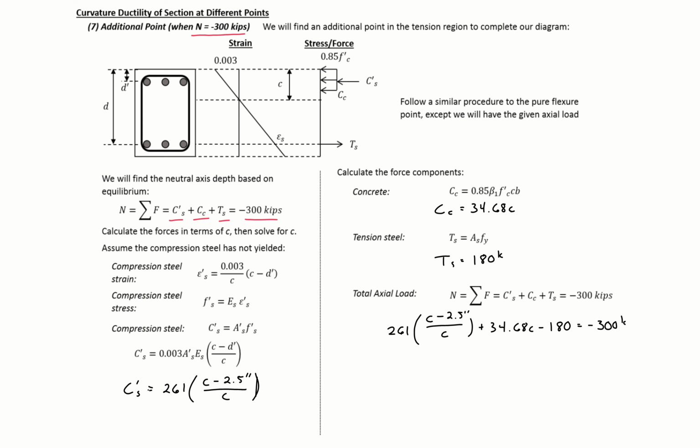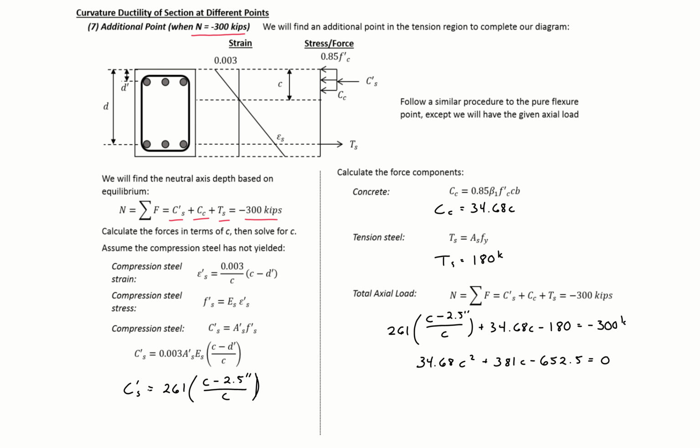If we simplify this into a quadratic, we'll get 34.68 c squared plus 381 c minus 652.5 is going to equal 0.